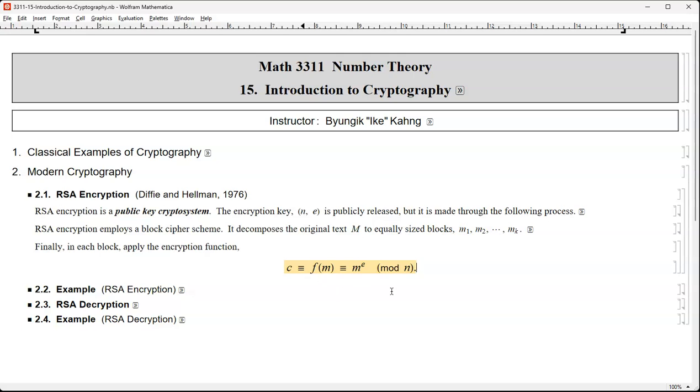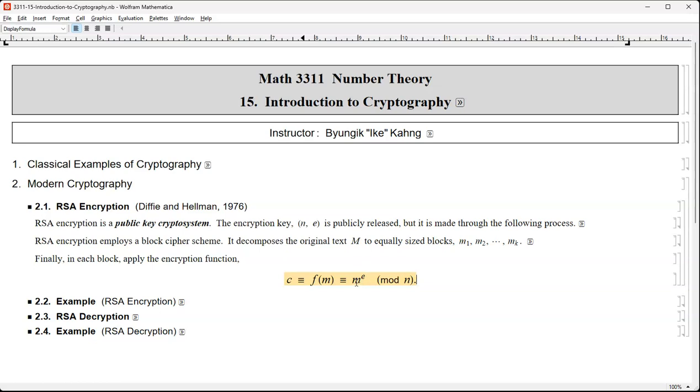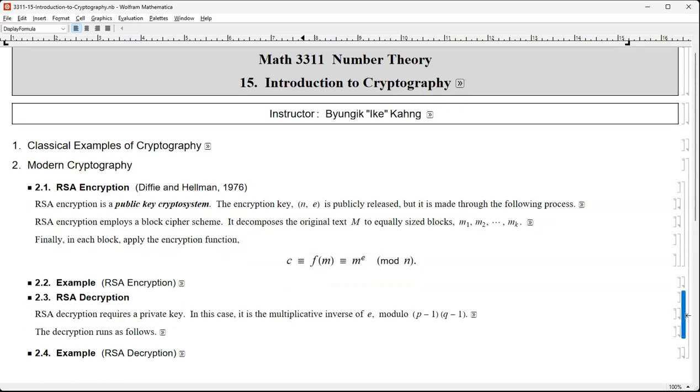How do we do that? Well, if we apply something so that we get 1, that's what we want. So that's how the decryption works.